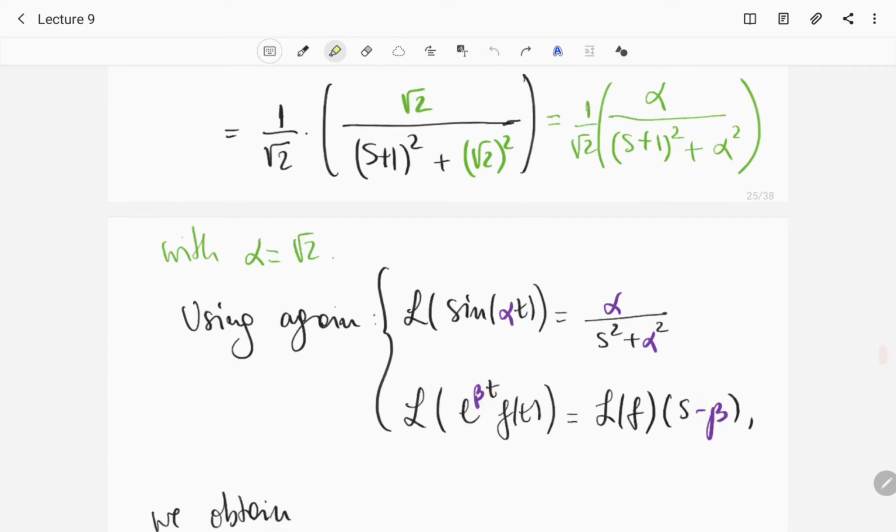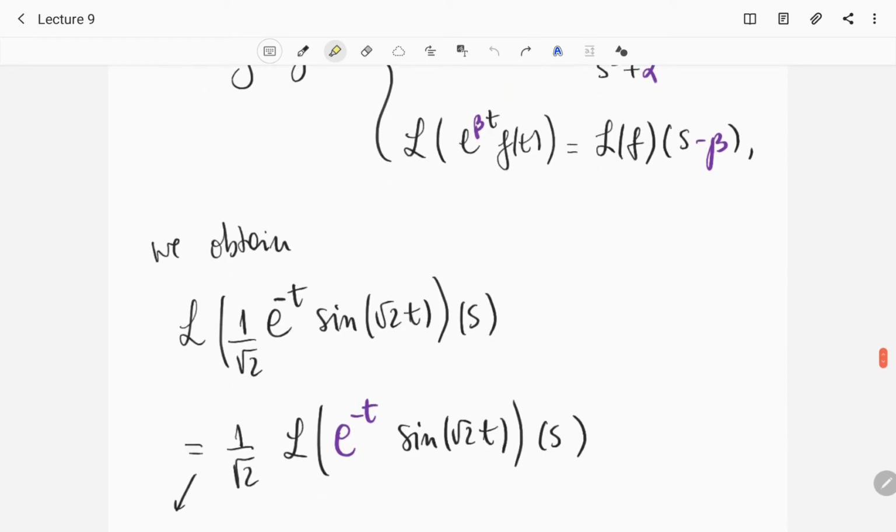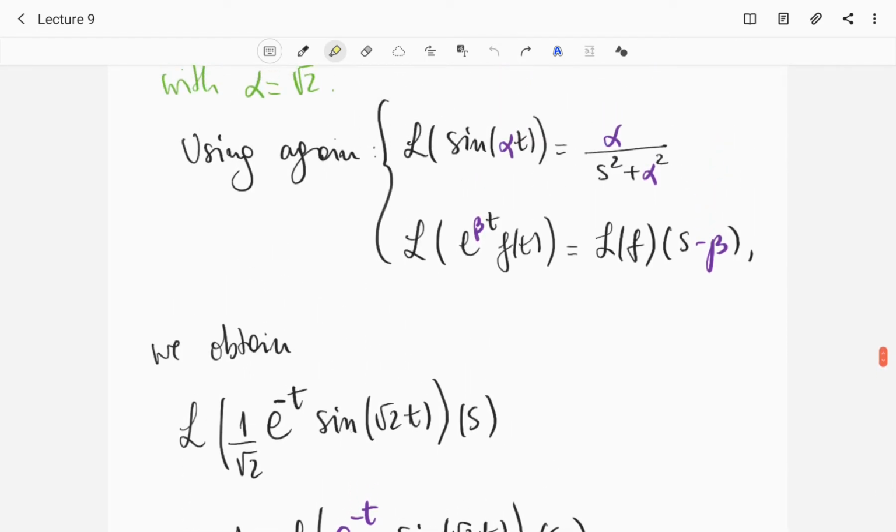So using these two properties, what we obtain is the sine of square root of 2 times t, this number because it's multiplying, and this exponential to the power minus t because of this shifting, which with minus 1 turns into plus 1.